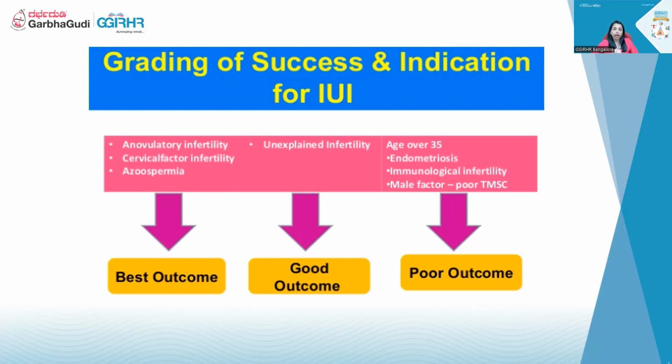The patients who have a poor outcome are all those patients who are more than 35 years, patients with stage 3-4 endometriosis, patients with immunological factors, or patients with poor total motile sperm count after semen washing.